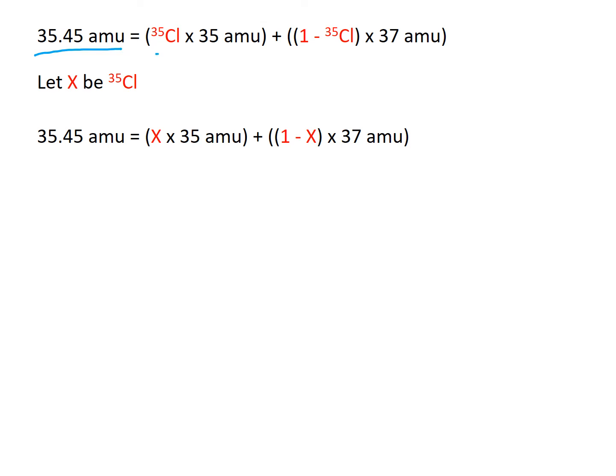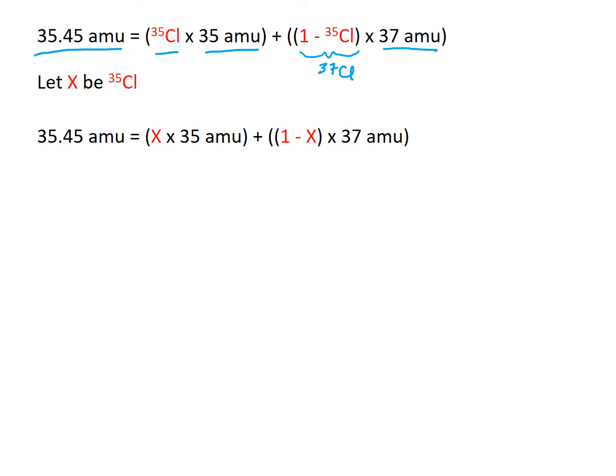I've shortened that to just say 35 chlorine times the isotope mass, so 35 AMU. Then I've taken and substituted this in for 37 chlorine, okay, times the isotope mass, 37 AMU.